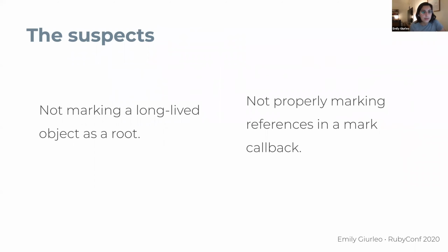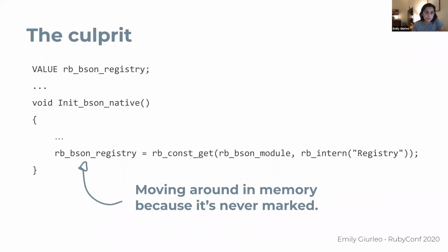So as I talked about previously, there are two places where you really have to be careful with marking objects in Ruby C extensions. The first is not marking a long-lived object as a root. And then the second is not properly marking references in a mark callback. It just so happened that not marking a long-lived object was the problem in our gem.